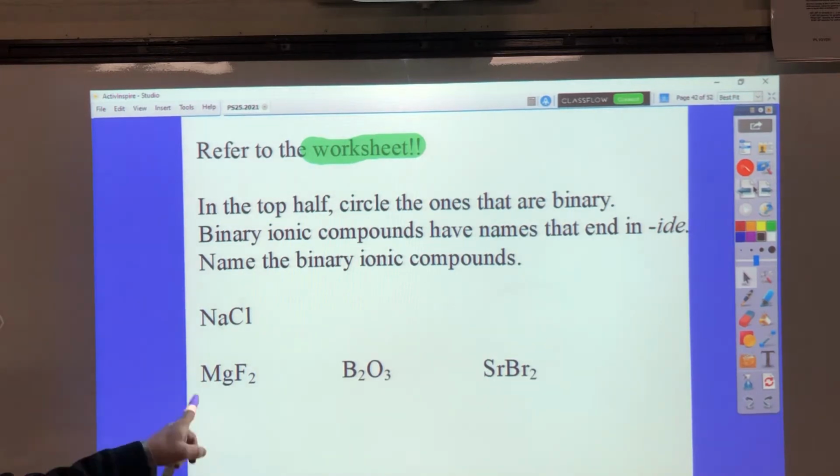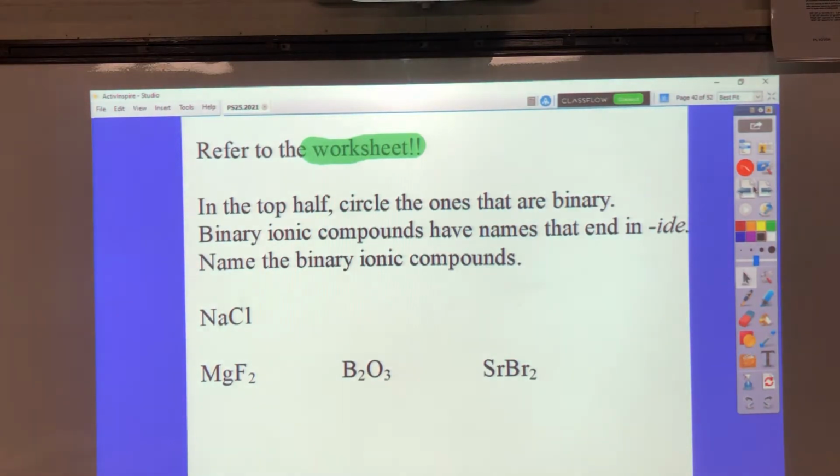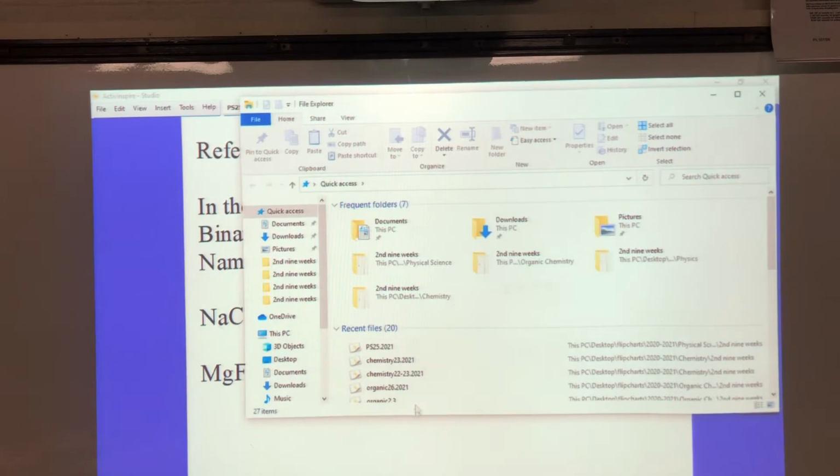If you look on your periodic table, magnesium is on the left. It's about, let me pull this up here.